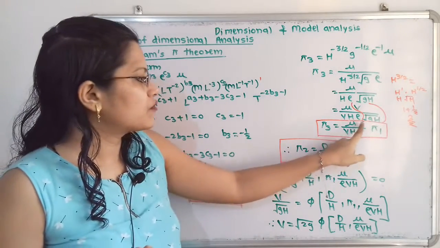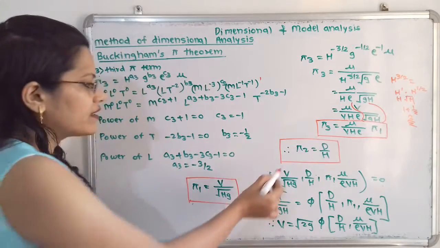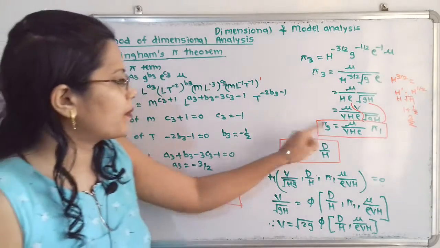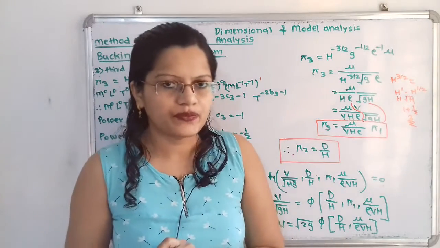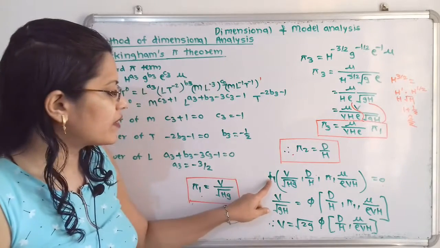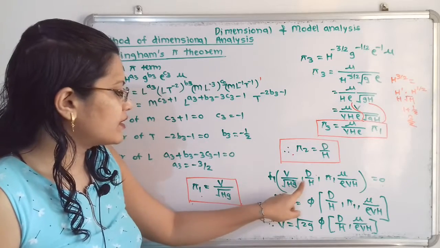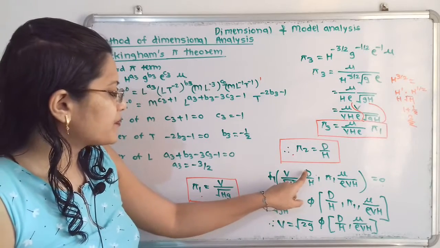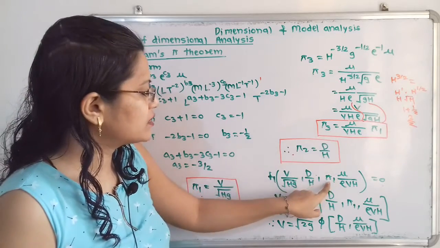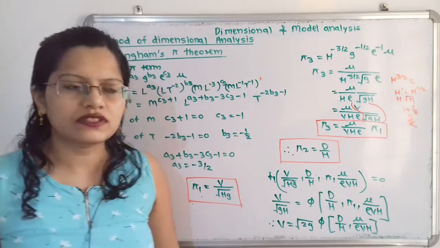So pi 3 is equal to mu divided by vh rho into pi 1. So here is the value of pi 2 and here is the value of pi 1. So pi 1, pi 2, pi 3, we get all the terms. So if we observe, how we can write this as f1 of pi 1, that is v by under root of hg, comma, then value of pi 2, d by h, comma, then value of pi 3, that is pi 1 into mu by rho vh, which is equal to 0.